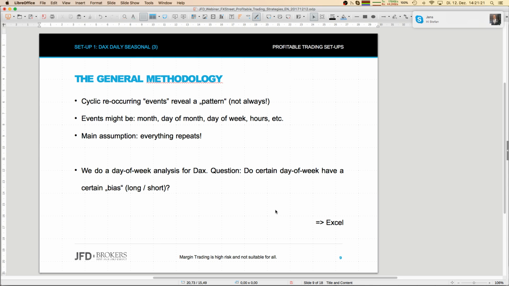So is there maybe a specific bias? And the answer is yes. But you will see, and I will switch now to Excel, so that you see clearly what I'm doing here.